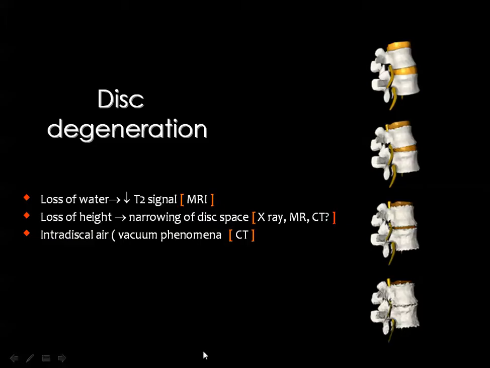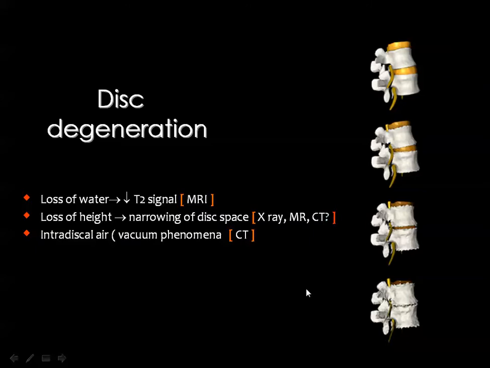Then we start with the first lesion in the disc group, which is disc degeneration. You know that the disc is composed of two main parts: the annulus fibrosus and the nucleus pulposus. Annulus fibrosus is made of fibrous tissue surrounding the nucleus, which contains water and cartilage.